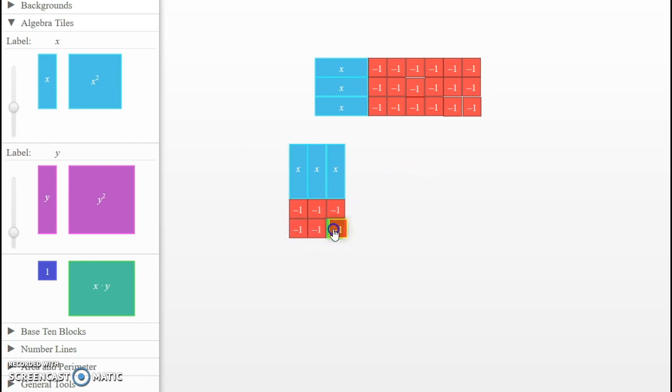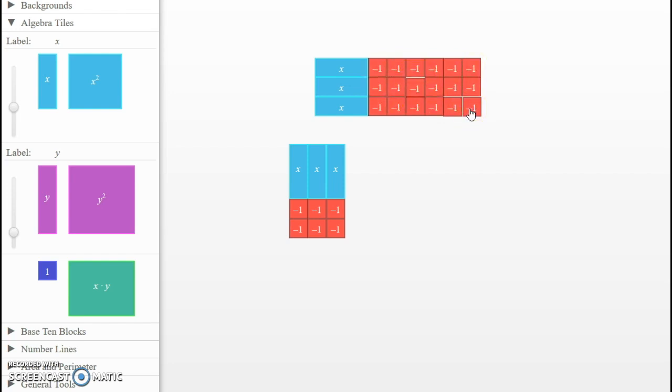But we're still going to get the same result if I were to add more of them down here. So B is good. Is this the same as 3x minus 18? Well, if I were to count all my pieces, here's 1, 2, 3x, 3, 6, 9, 12, 15, negative 18.